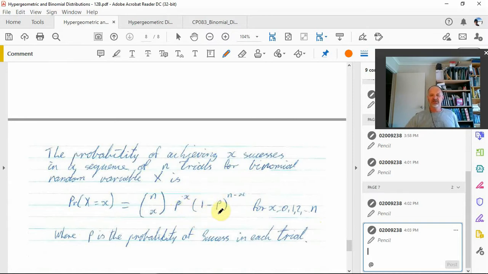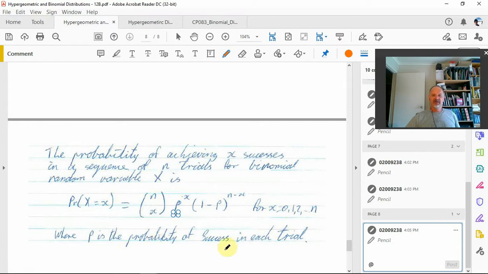And then 1 minus p is the other stuff, everything else, to the n minus x, where n is the number of trials and x is how many successes we've got. And x is whole numbers, so 0, 1, 2 and so on. And this probability p is the same in every trial, the probability of success in every trial.